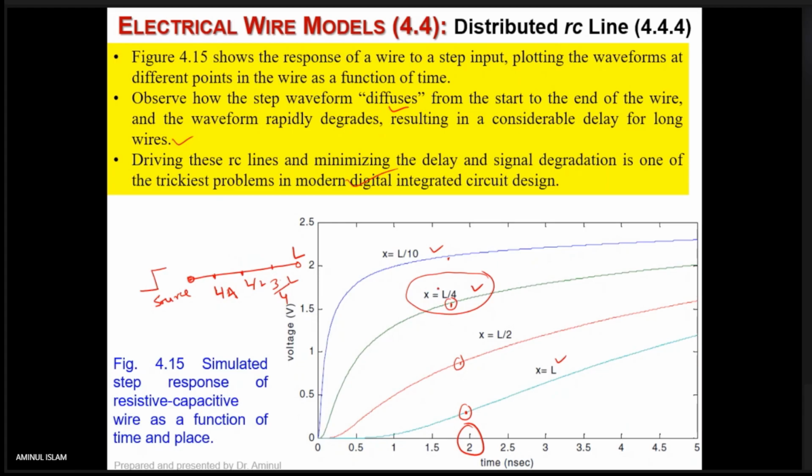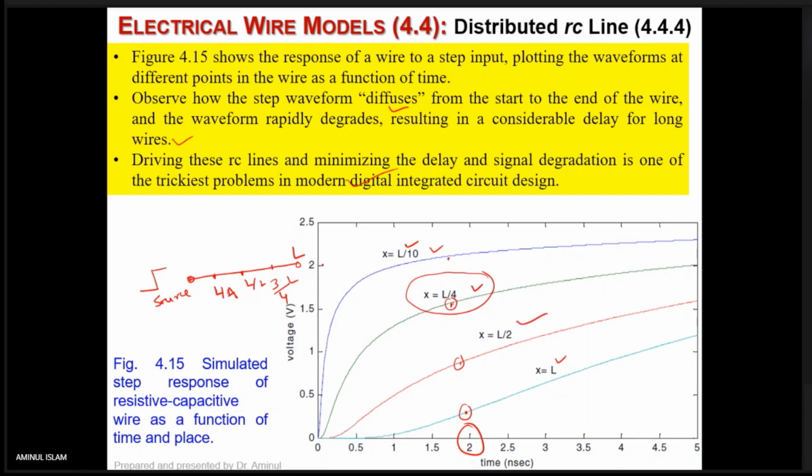if you divide the length, at L/10 the delay is less, quickly rising. Whereas at L/4, the 1/4 position of the total length, delay is more compared to this. It's rising, but very slowly.